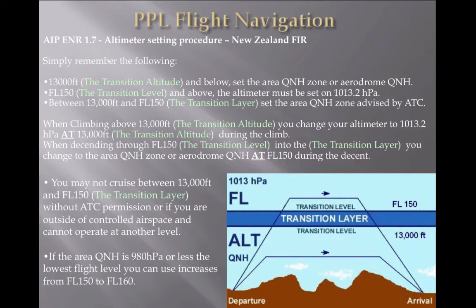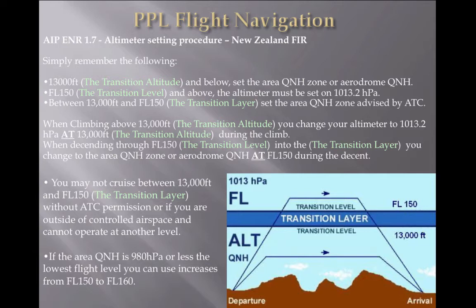So, as per the AIP ENR 1.7 altimeter setting procedures, this is the dumbed-down version. At 13,000 feet, the transition altitude, and below, you set the area QNH zone or aerodrome QNH. 13,000 feet to flight level 150 or flight level 160, depending on some further constraints, we don't cruise in, we only transition in and out of. At flight level 150, the transition level, and above, the altimeter must be set to 1013.2 hectopascals.